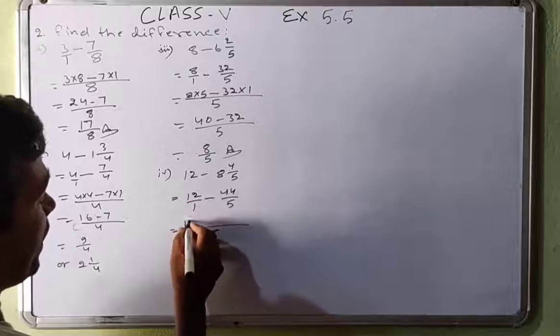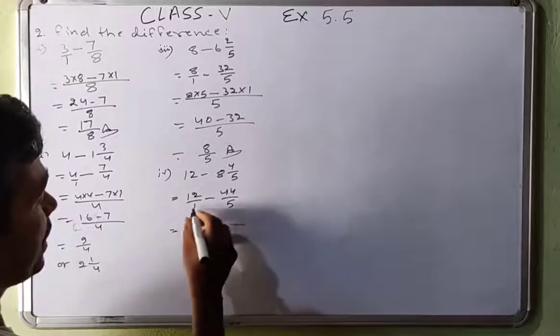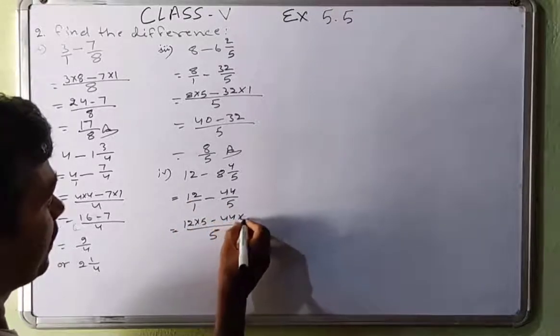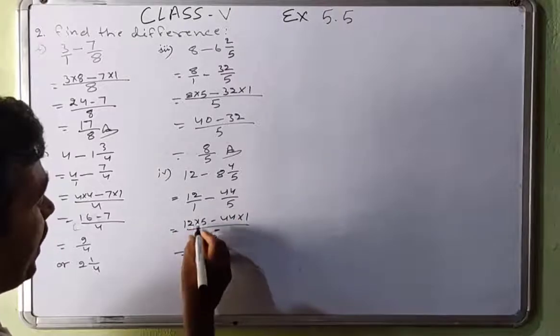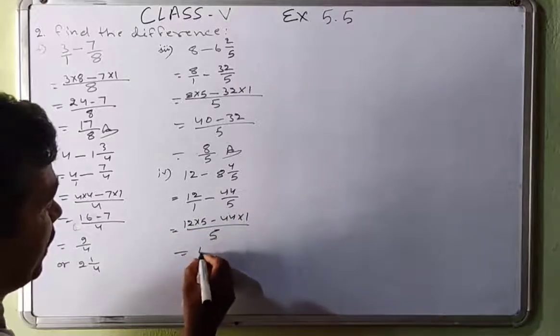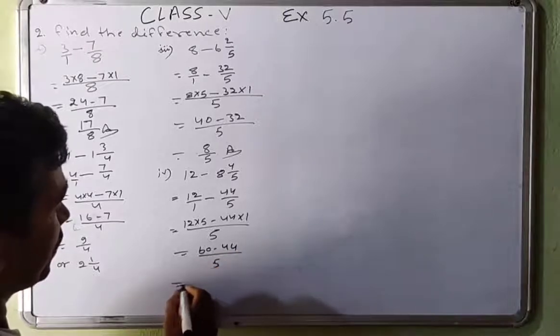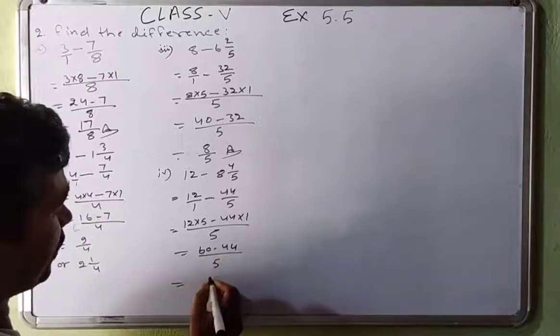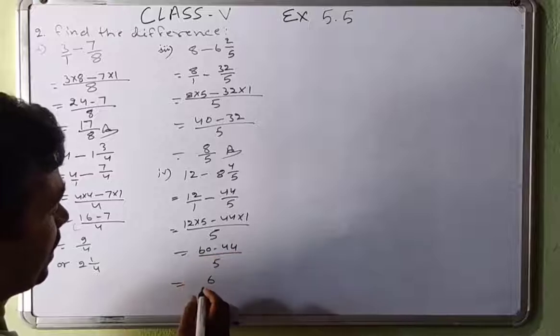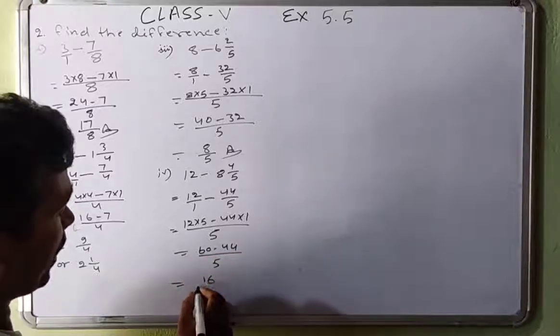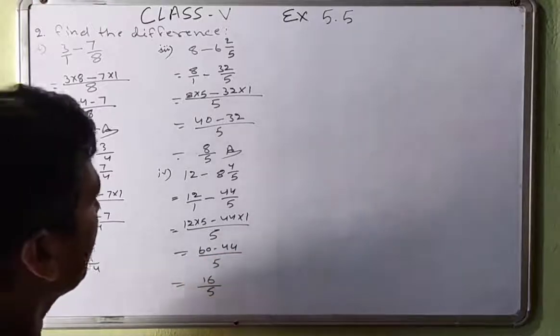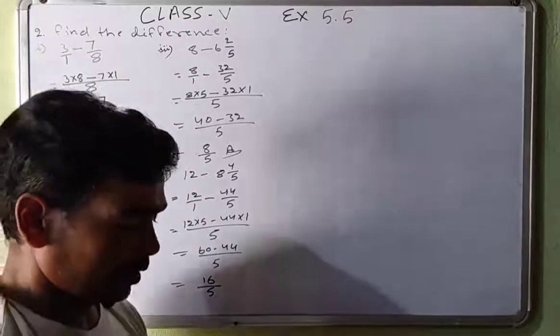So 12 multiply 5 minus 44 ones, 12 fives are 60 minus 44 upon 5. So subtract: 10 less 4 is 6 and then 5 less 4 is 1, 16 upon 5, or you can write it in mixed fraction also.